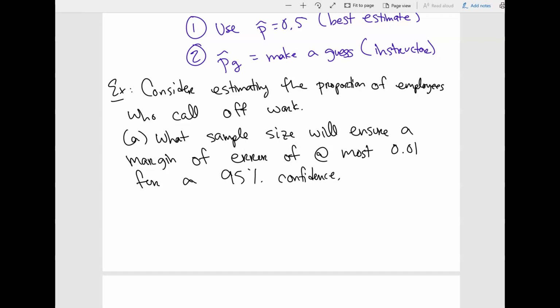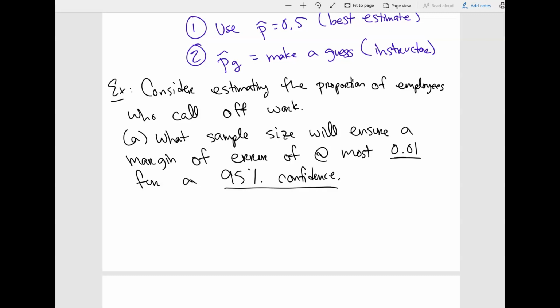So suppose that we are estimating the proportion of employees who call off work. The true value is what we want to figure out. How many people should I sample so that my error is at most 0.01 and I want to be 95% confident.